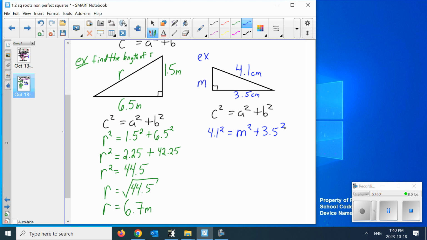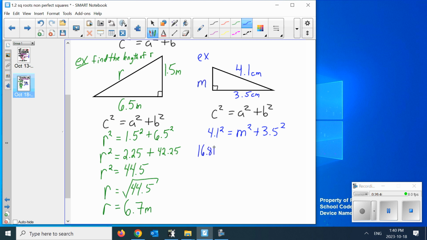Wait a minute. When I put 4.1 in my calculator and square it, 4.1 times 4.1, I get 16.8.